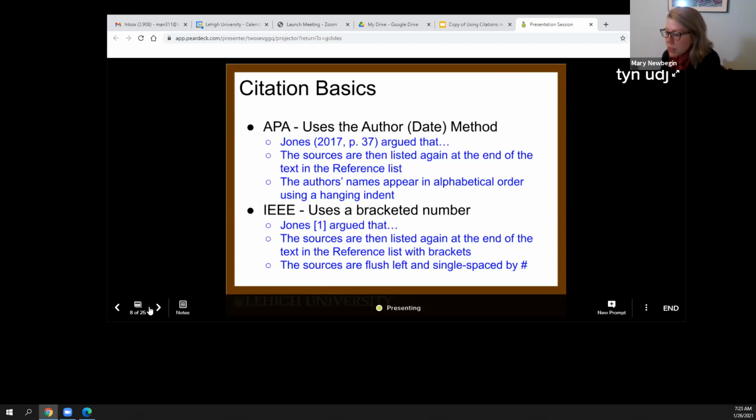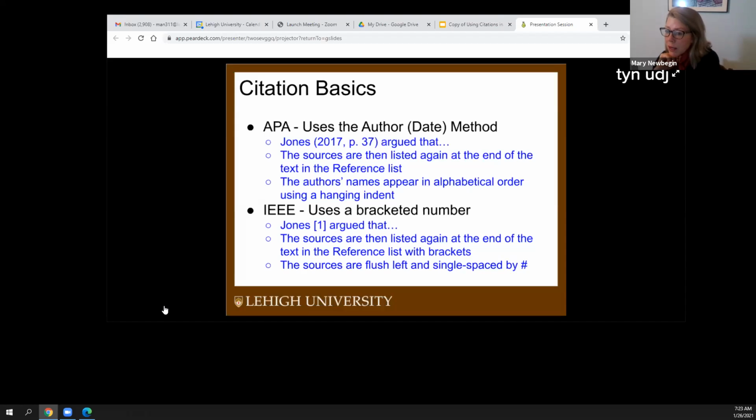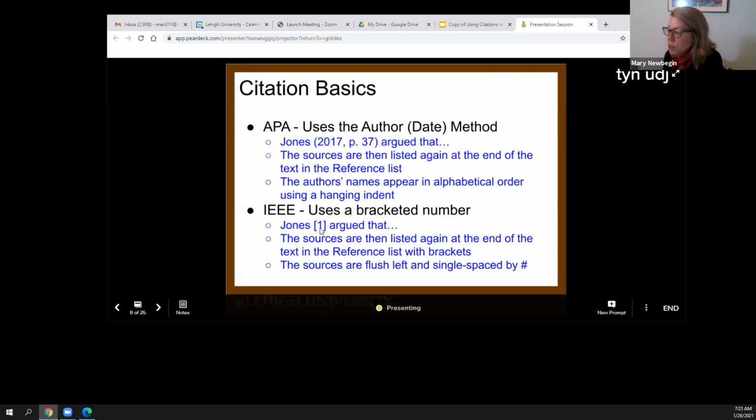There's a good reason. Also, as you can see on that slide, there's an example of what IEEE would look like. IEEE is a citation style used by some of the engineering departments on our campus. I believe, Jackie, you and Jen, with your courses, will be using IEEE. So this is how it might look different. That author Jones, and then the source is represented by the number 1. Those numbers will appear in the order that they appear in the paper.